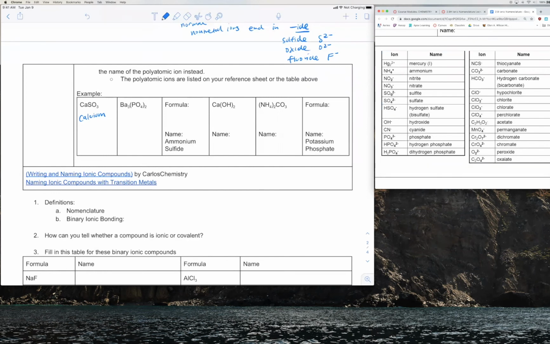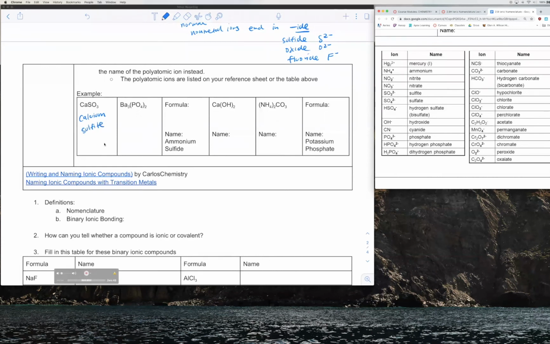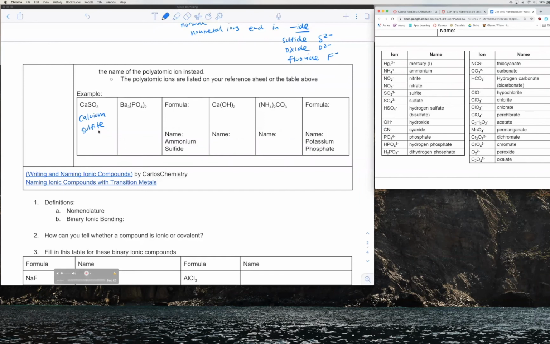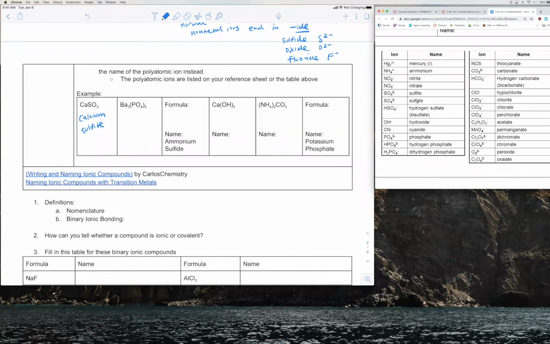So your name for this would just be calcium sulfite. It's pretty straightforward. Just find whichever polyatomic ion you have, and make sure you choose the correct one, because if it said SO4, that would be sulfate, but it says SO3, so it's sulfite.